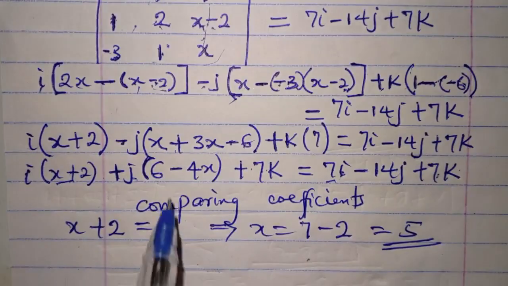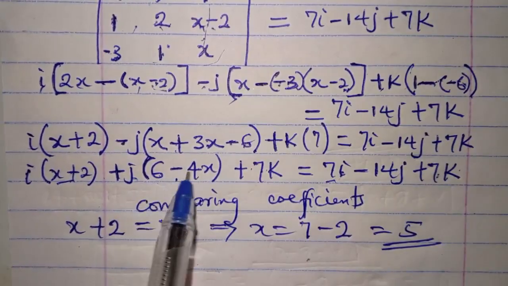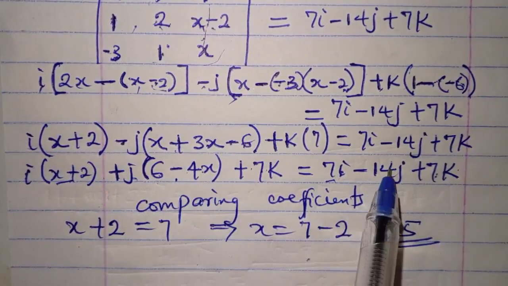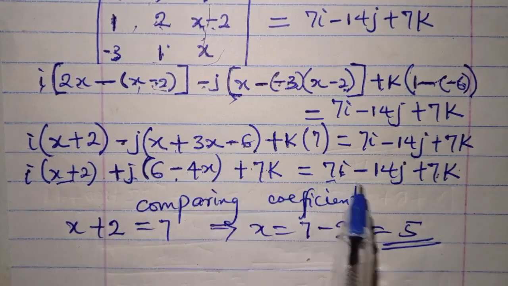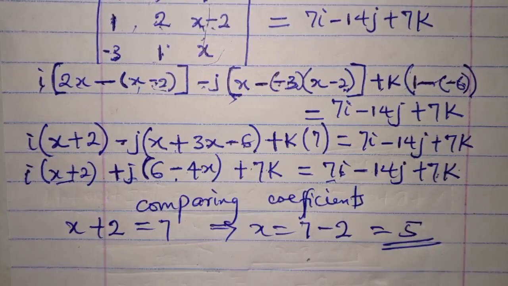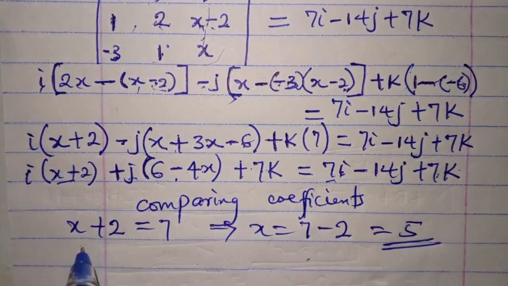Now let's check for this. 6 minus 4x equal to minus 14. The coefficient of j here is 6 minus 4x, and here it is minus 14. So let's set the two of them equal to each other.